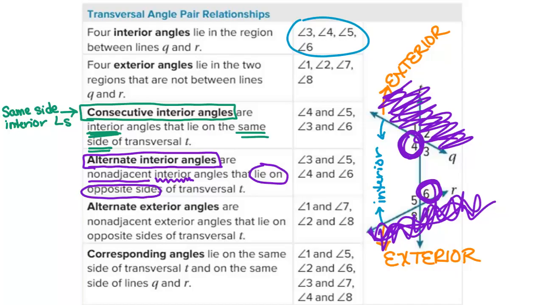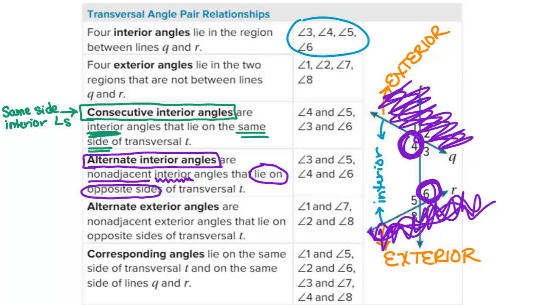They are on opposite sides of the transversal, so one's on the left and one's on the right, but they're non-adjacent. They're not touching. This angle touches angle 3, but this angle does not touch angle 6. Does that make sense? The transversal connects them, yes, but they're not side by side. They're not adjacent like this.